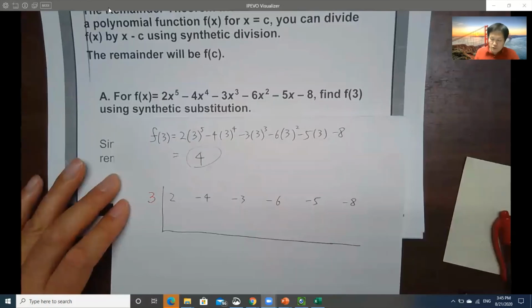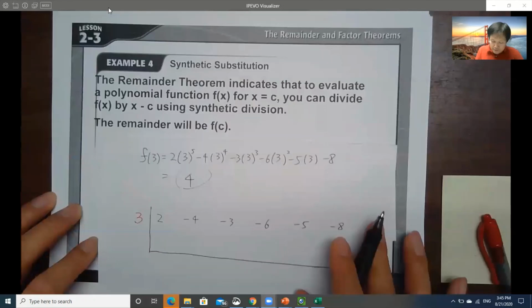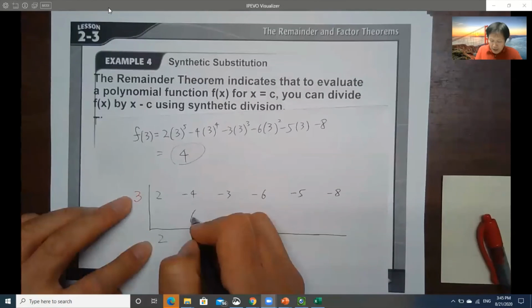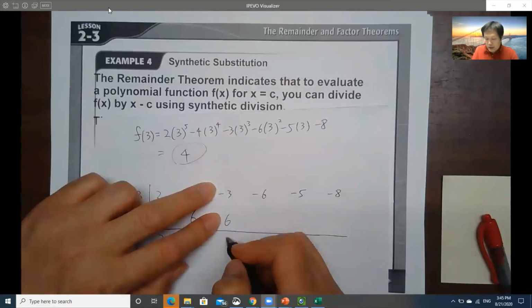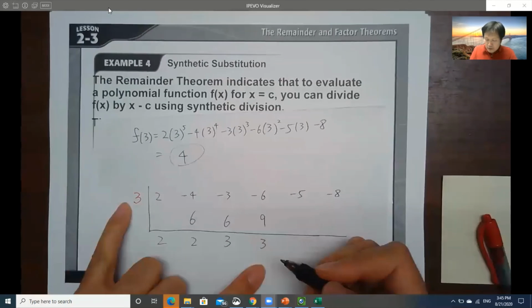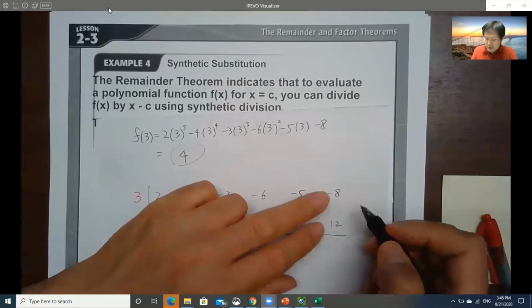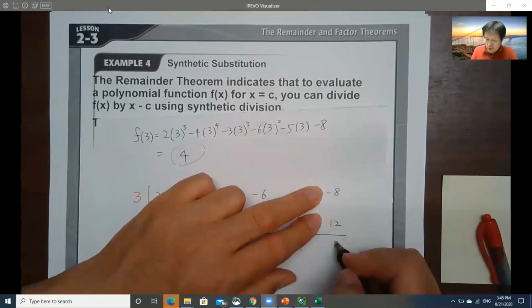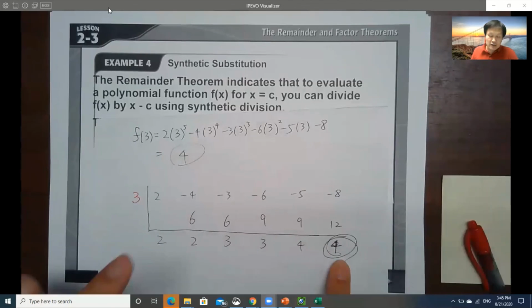X is 3, just use 3 as it is, and all you have to do is just synthetic division. Add, multiply, add, multiply, add, multiply, add, and that's the answer. That's exactly the same as this.